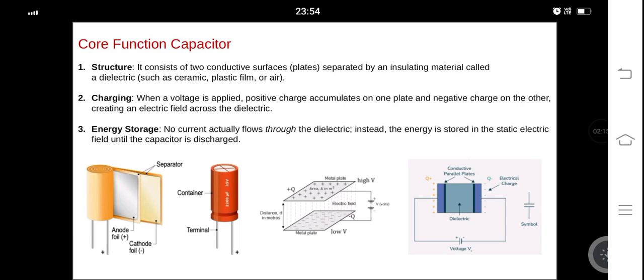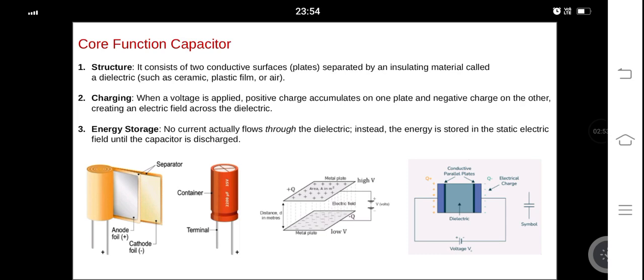The core functions of a capacitor. When we talk about a capacitor, a real picture has to come to our mind. If you see the first image, there are two metal plates, one is your anode, the other is your cathode, and there is a separator between the two metal plates.